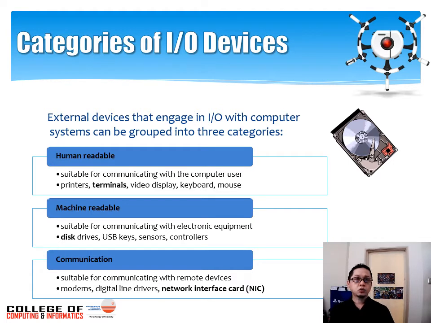This is suitable for communicating with remote devices, meaning that you use this to communicate with other machines aside from your own devices. For example, you have modems, line drivers, and also the network interface card to communicate with the network or with people from afar. So these are the three categories of I/O devices: the human readable, machine readable, and communication devices.